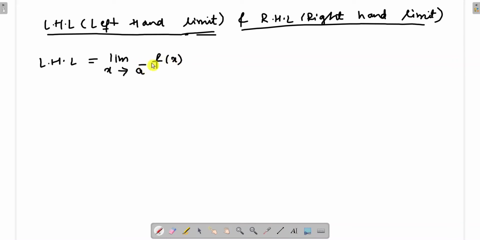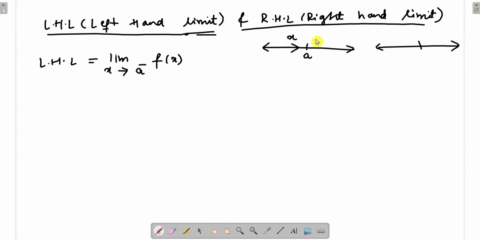So what it is basically, if you look at the number line, the domain number line, here is a, which is a real number. So x approaches a from the left hand side only. Then we have to look at the function values corresponding to these x.